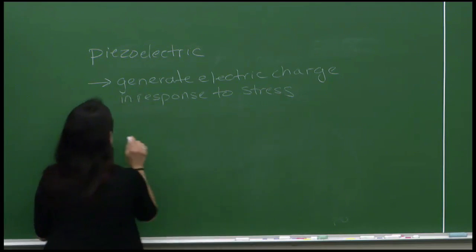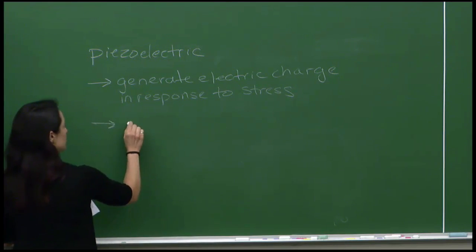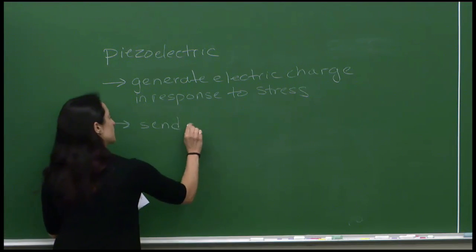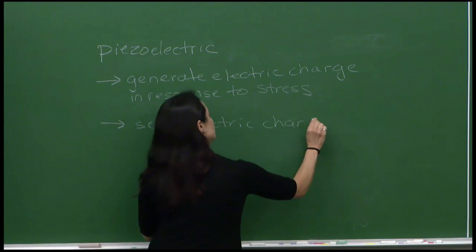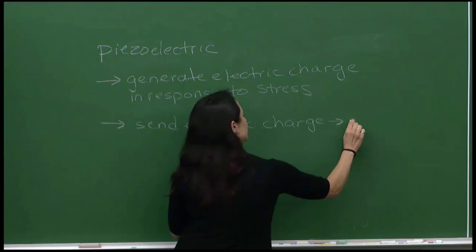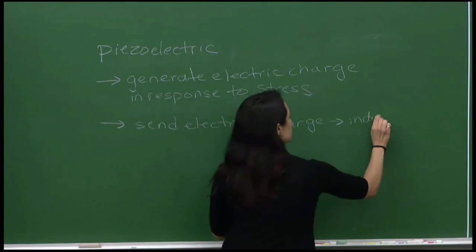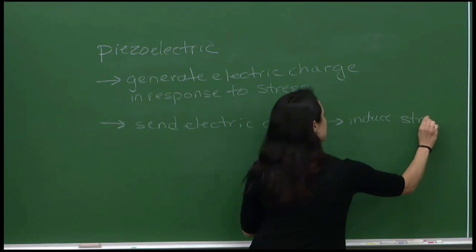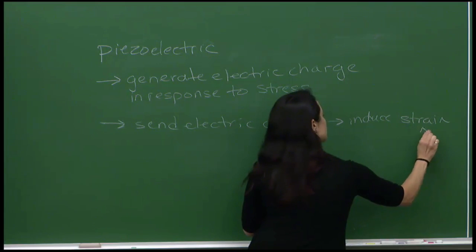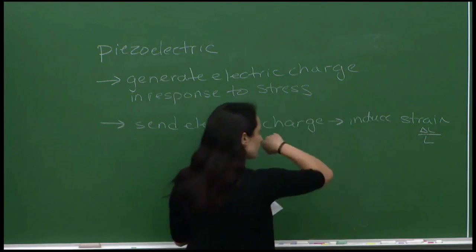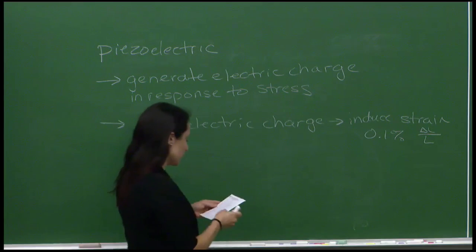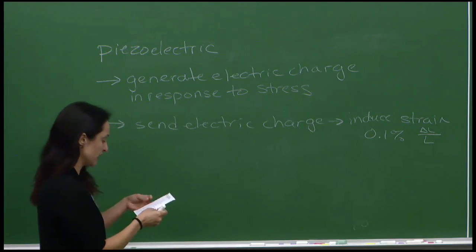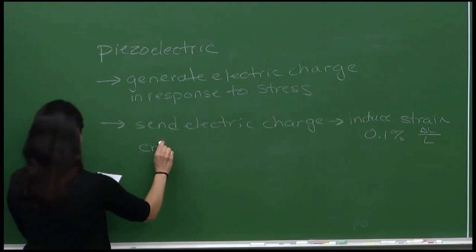But it's also reversible, that if you send an electric charge, you can make these materials, you don't induce stress, you induce the physical aspect of strain, which you remember is like a change in length over length, up to about 0.1% strain. And these are crystals or crystalline materials for you materials engineers.